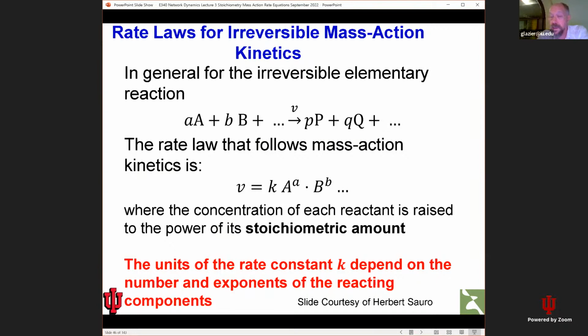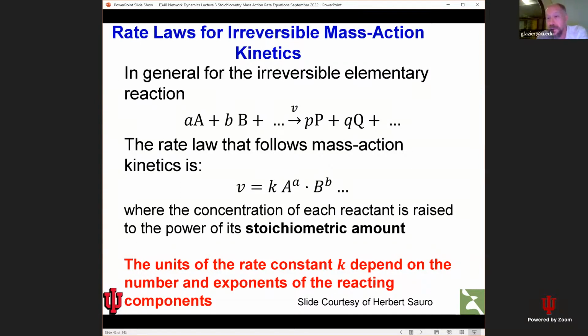The units, notice there's something that is a little disturbing about writing things this way. The rate constant K, I've called it a rate constant. Notice that the units of K are per time, but it's also going to depend on the particular mass action term I have.